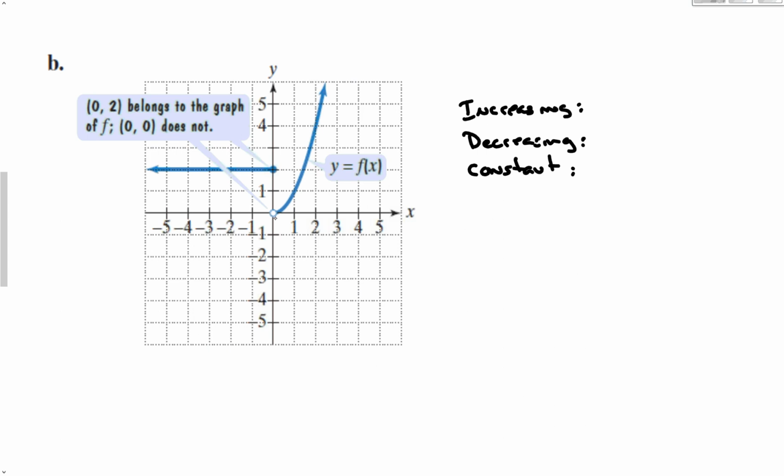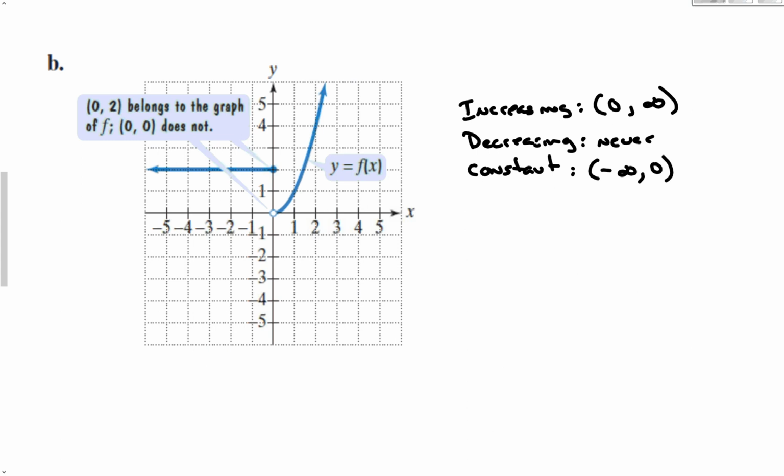So it's increasing from 0 to infinity. Okay? It's never decreasing, right? Because there's never anywhere that the function goes down from left to right. And it's constant, it's flat, from negative infinity to 0.